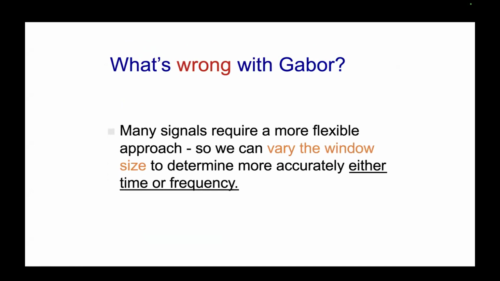So in the real world, signals require a more flexible approach, especially varying the window size. Let's take an example of audio signals. In audio signals, we need good frequency resolution for lower frequencies.